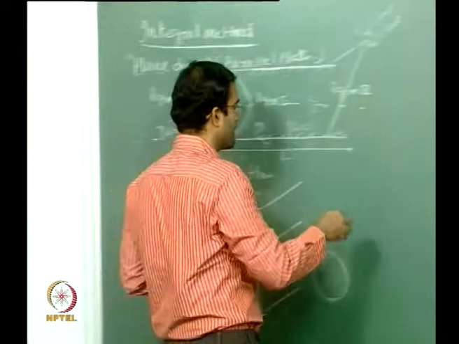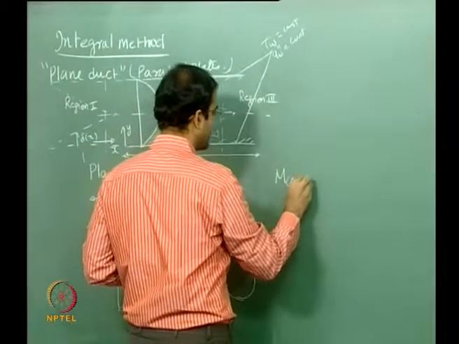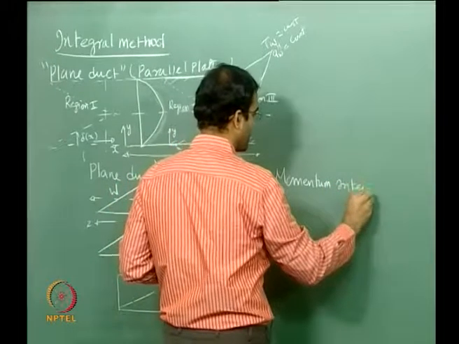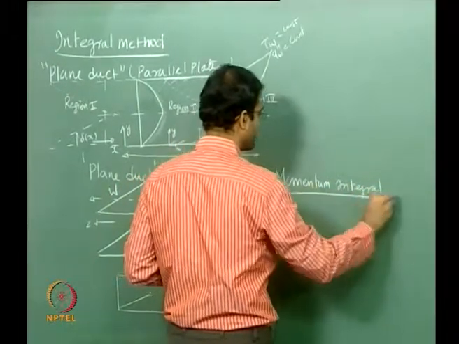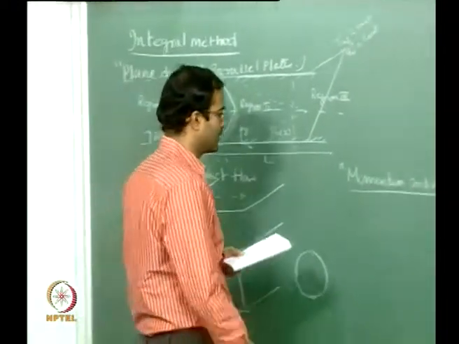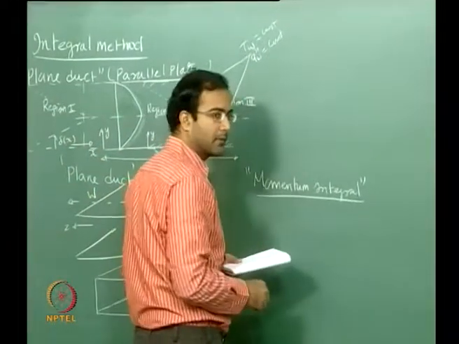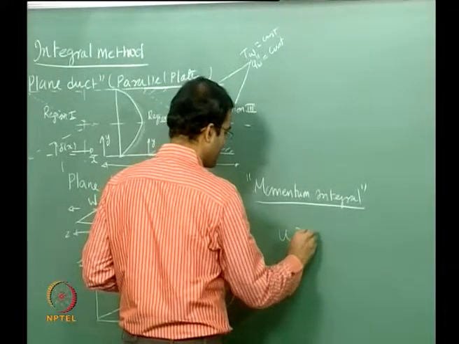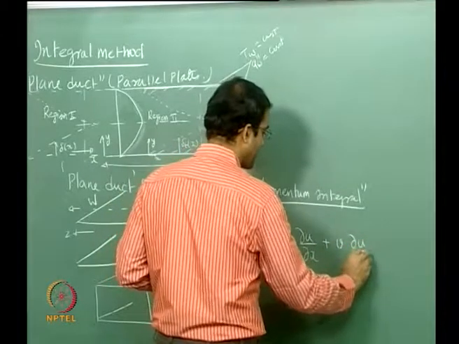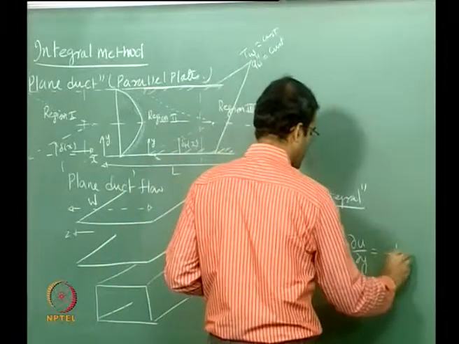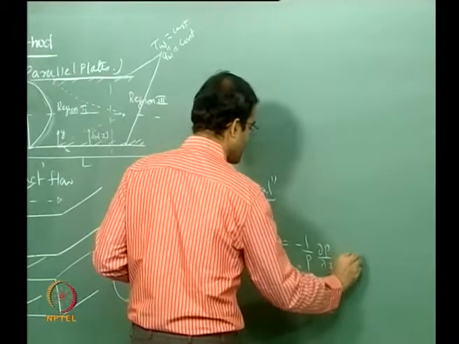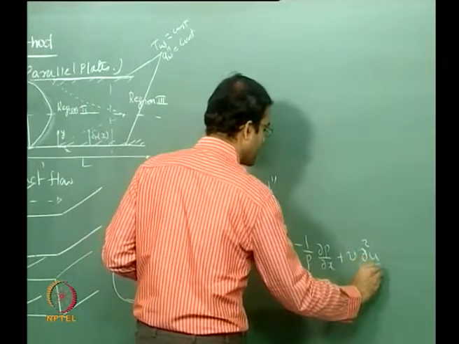As far as the momentum integral is concerned, you start from your momentum equation: u du by dx plus v du by dy is equal to minus 1 by rho dp by dx plus nu d square u by dy square.